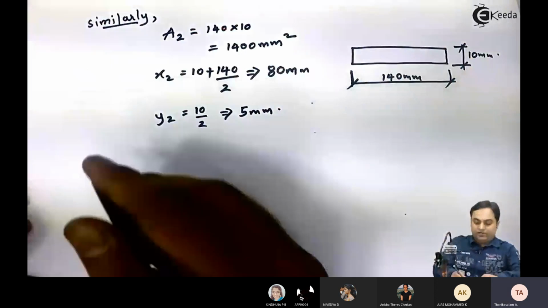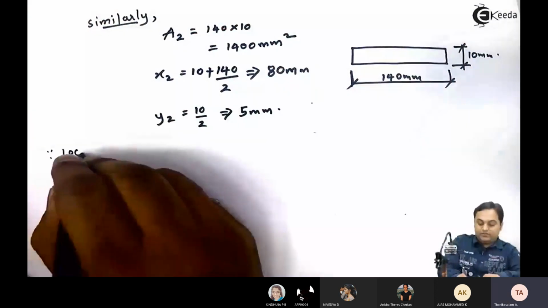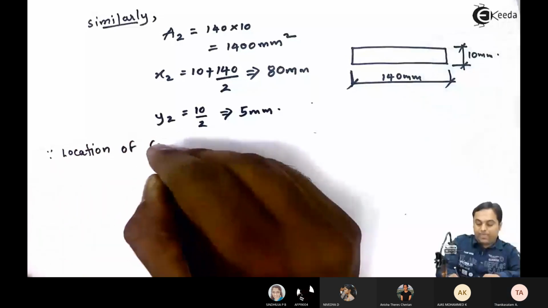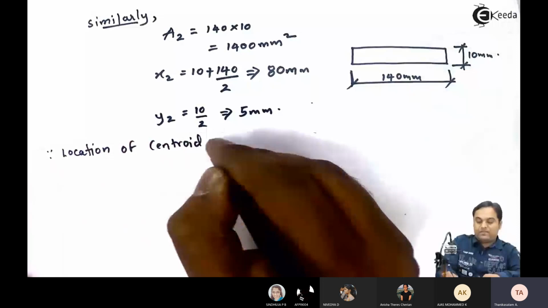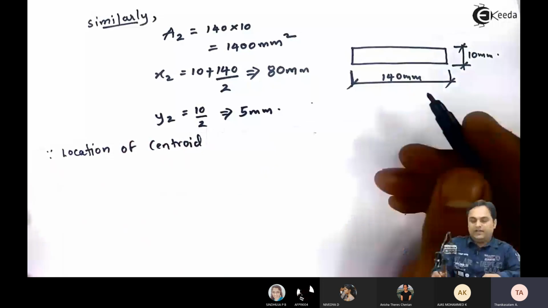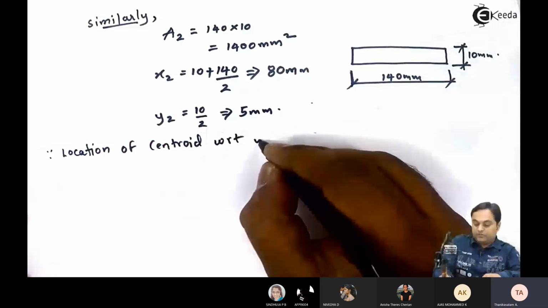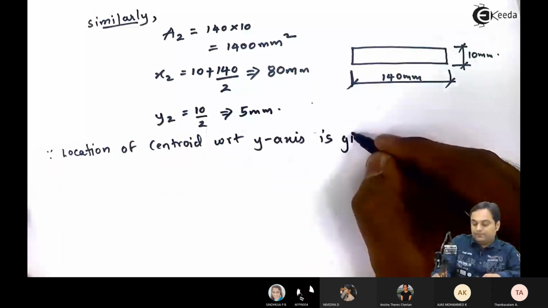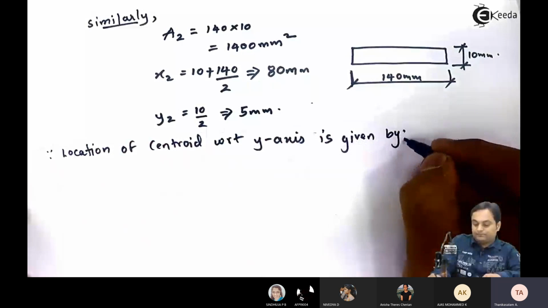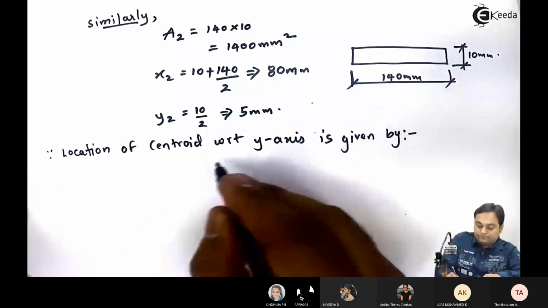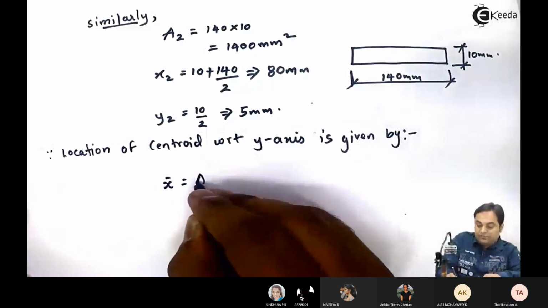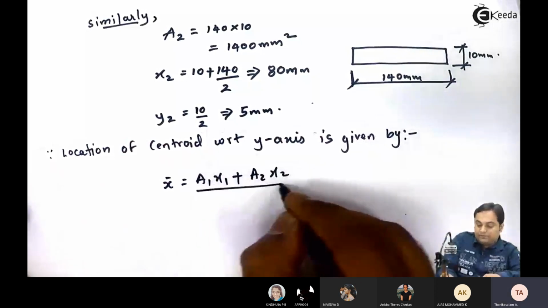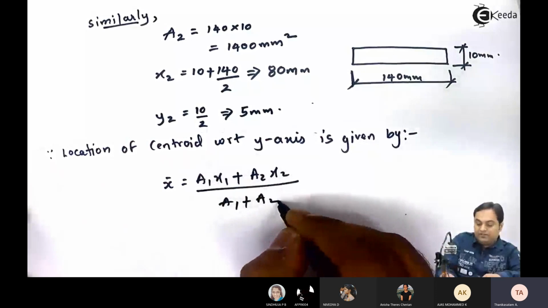For x bar, this is the location of the centroid. x bar is the distance, the location of the centroid with respect to the y-axis, and is given by x bar equal to A1 x1 plus A2 x2 upon area 1 plus area 2.